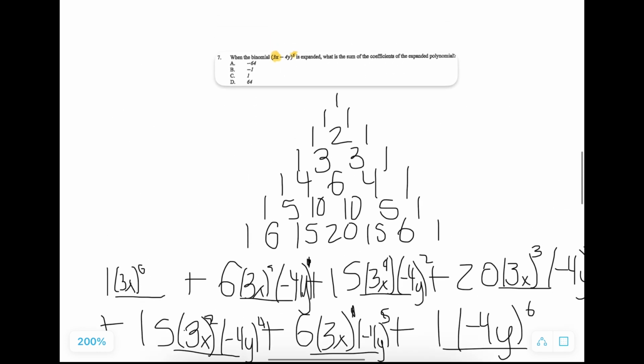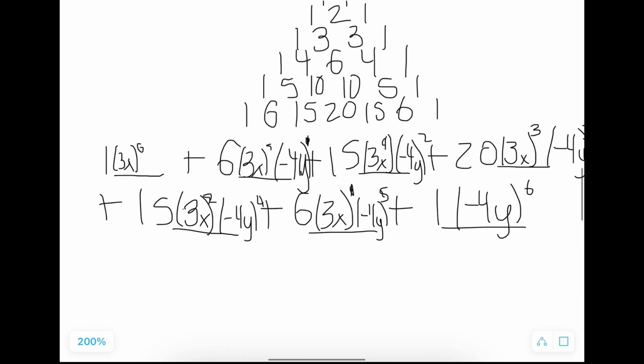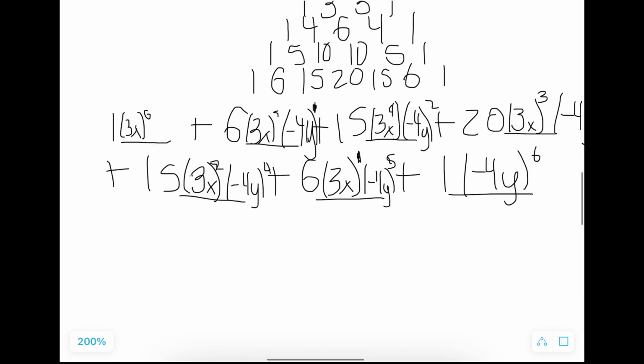All right, and we just want to know the sum of the coefficients, so we honestly don't care about any of these variables.